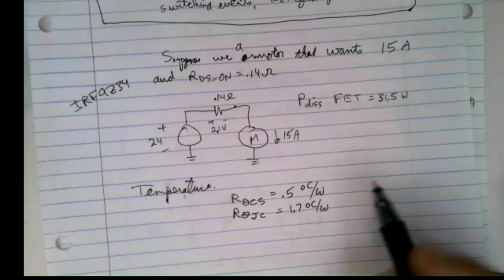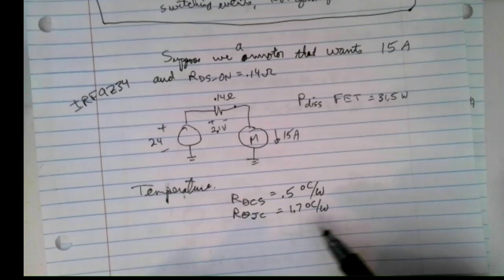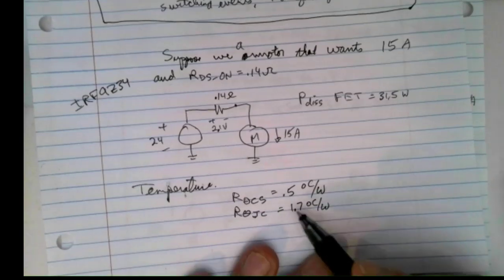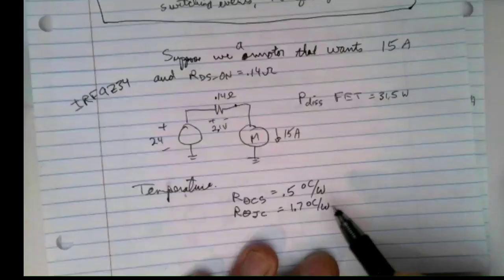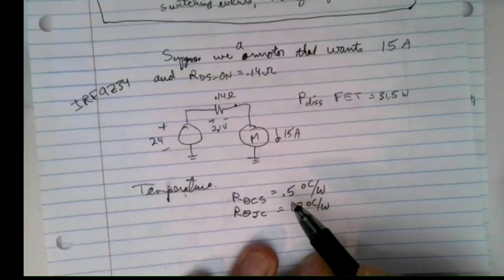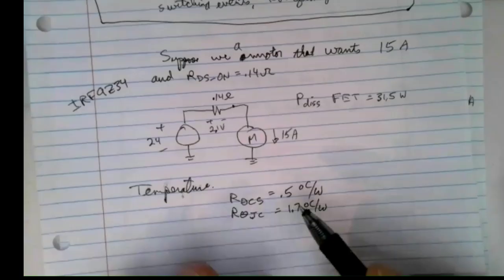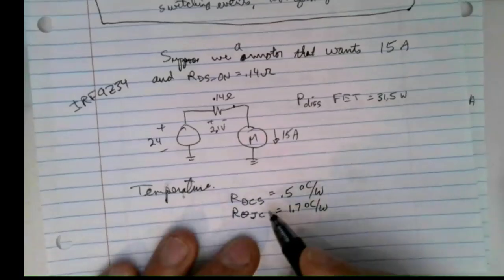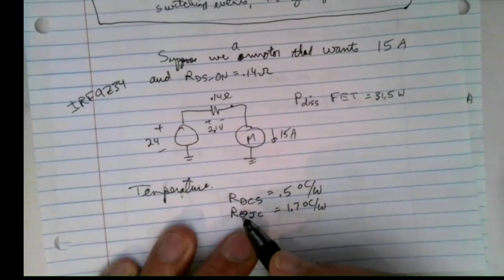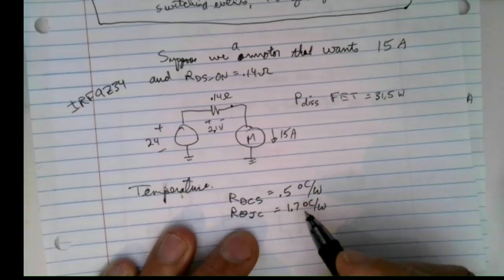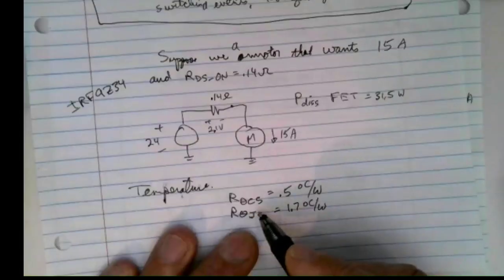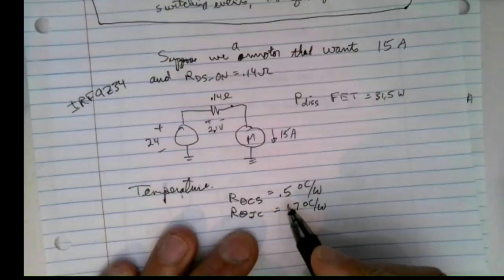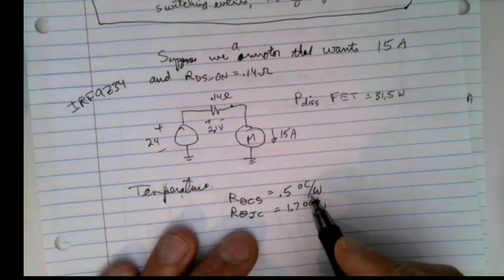Likewise here, you can use these resistances and the amount of power dissipation you've got to calculate the temperature delta. So we have a thermal resistance from the junction in the part to the case of 1.7 degrees C per watt, and from the case to the sink, for a flat greased heat sink, of 0.5 degrees C per watt.